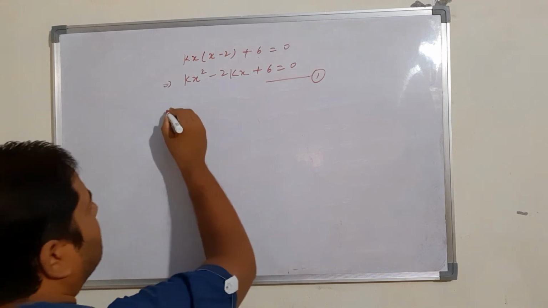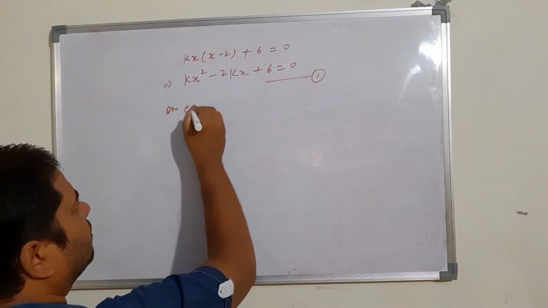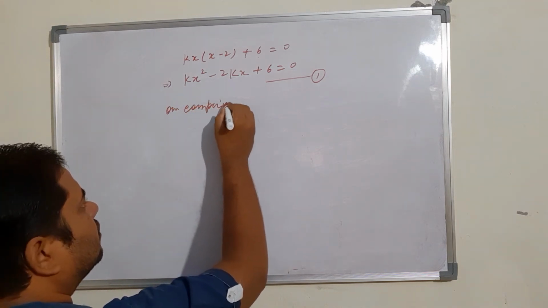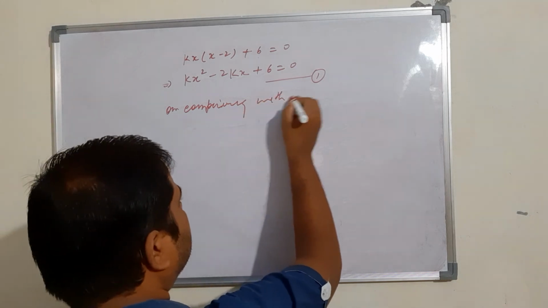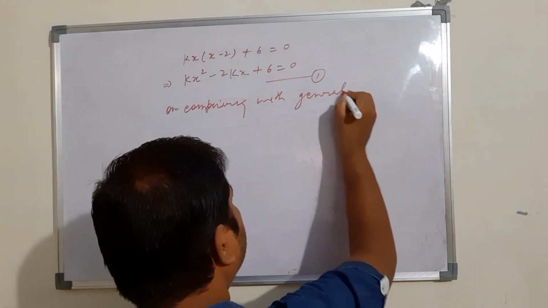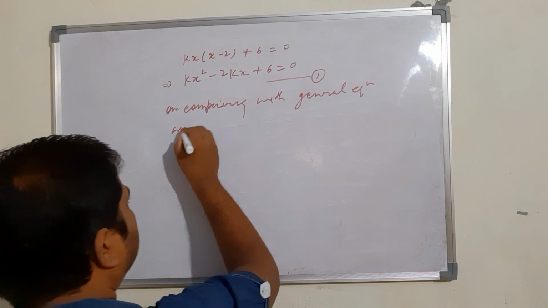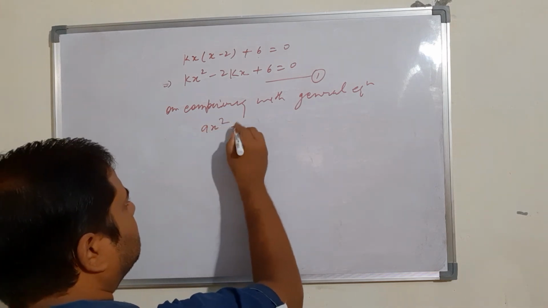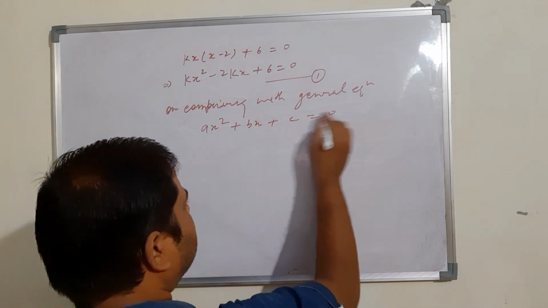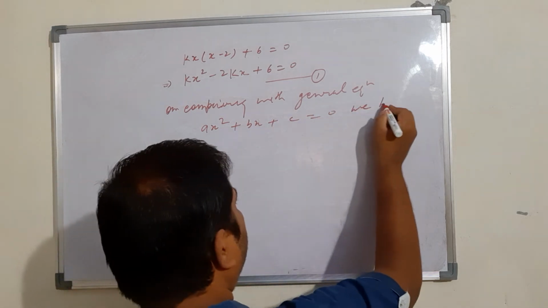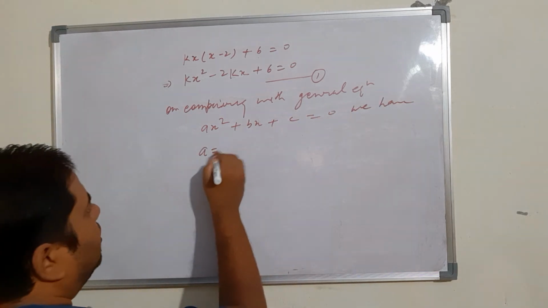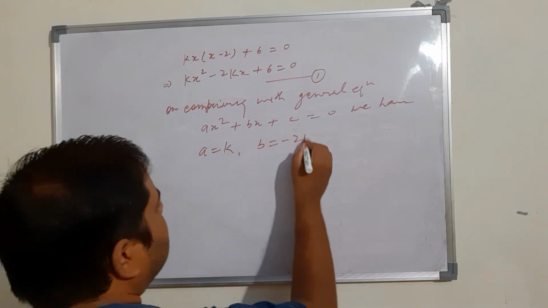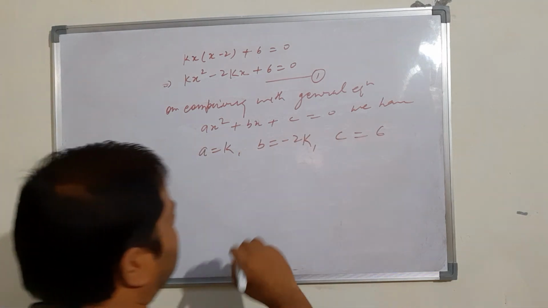On comparing with the general equation ax square plus bx plus c is equal to 0, we have a is equal to k, b is equal to minus 2k and c is equal to 6.